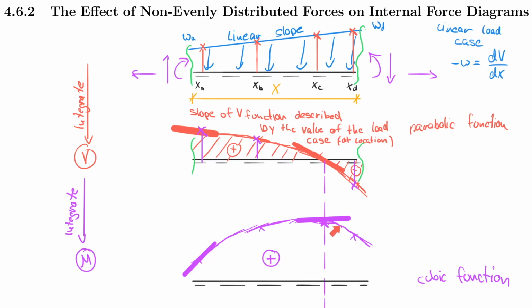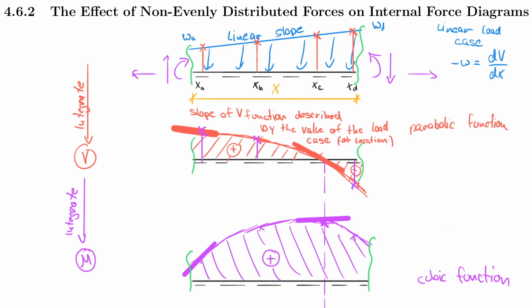And therefore we now completed the cubic moment distribution for a non-evenly distributed load case. And this is a very simple load case. Before I talk more about that, let's just complete the diagram here, and let's agree that all of that is now in positive bending because the entire beam is smiling, as we discussed before.